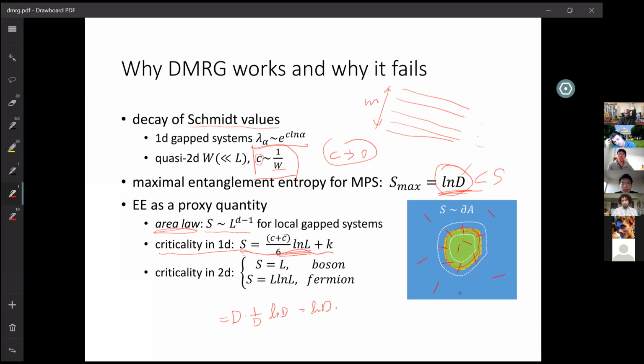But if you use infinite DMRG, you should be careful that the entanglement entropy is growing, because in infinite DMRG you have a very large system size, and even a slow growth can exceed this limit. But for 2D systems, even local gapped Hamiltonians, you cannot use DMRG for that.